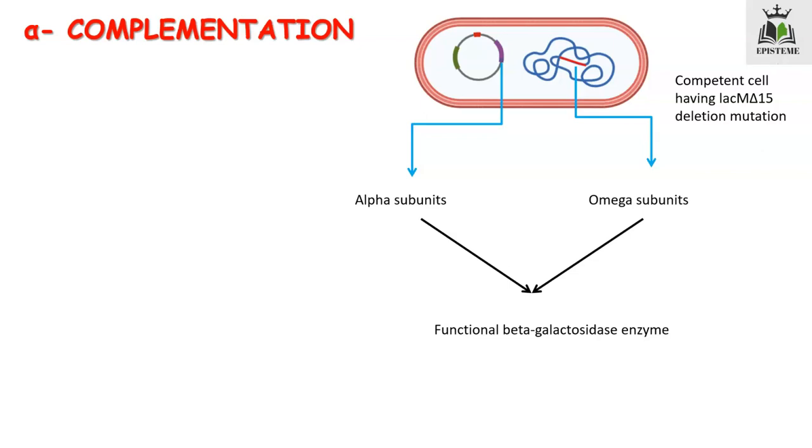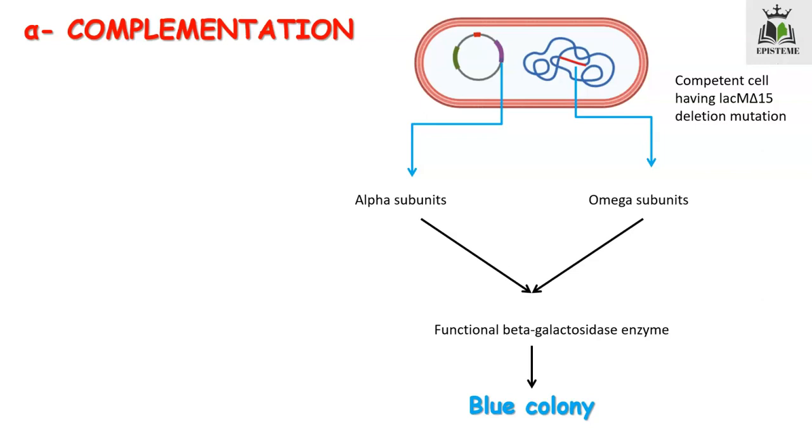This functional enzyme can convert the X-gal into the blue colored complex, and we will get the blue colonies here. So this is an indication of the fact that our lac Z region, although it is modified, is not recombinant. It does not have our gene of interest incorporated in the lac Z region. So it is not a recombinant.